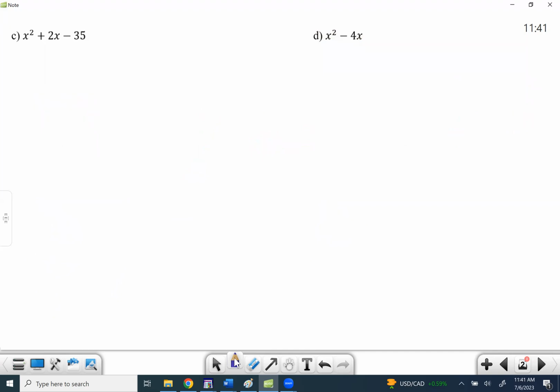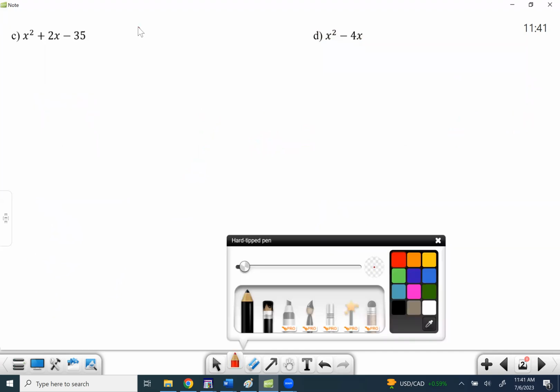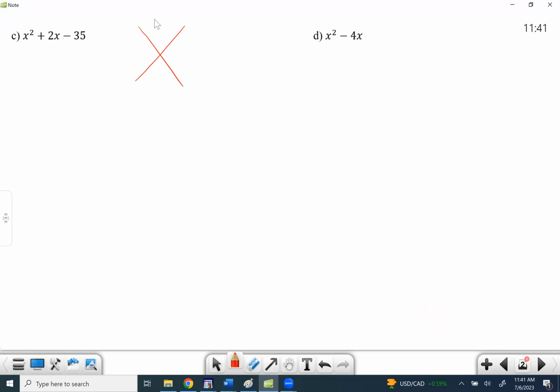All right, so we're looking for factors of the last number. So things that multiply to make negative 35, and that add to make 2. Okay, so things that multiply to make negative 35: negative 5 times 7, negative 7 times 5.